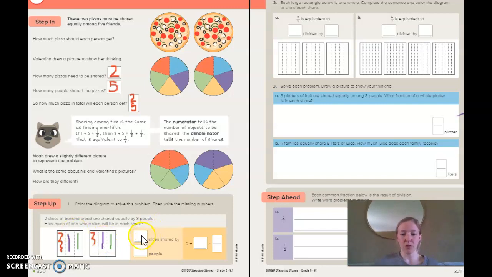Okay? So over here it says how many slices were shared? Well, there's 1 slice, 2 slices. We decided that earlier. There's 2 slices of banana bread being shared amongst 3 people. Okay? So 2/3, or 2 divided by 3. And we just learned that 2 divided by 3 is the exact same thing as 2/3. It's been a while since we talked about this, but we kind of learned that sometimes the fraction bar can represent division.